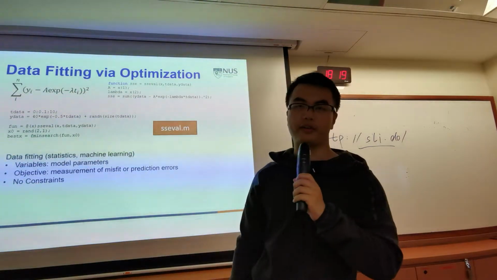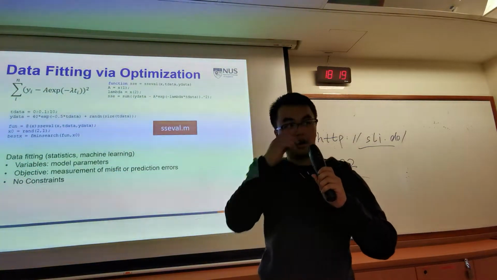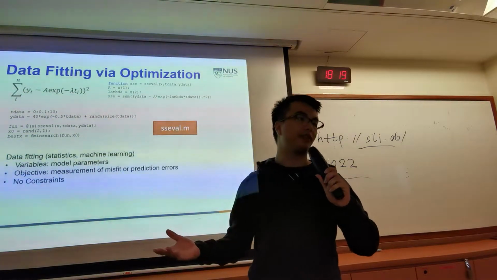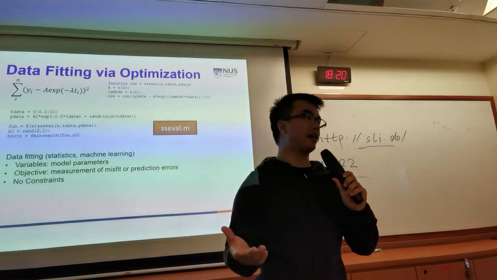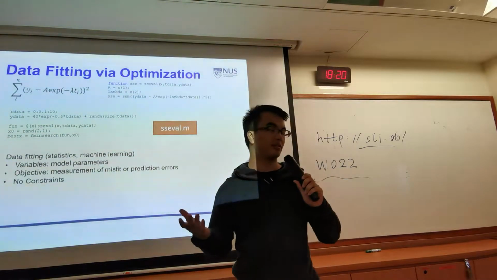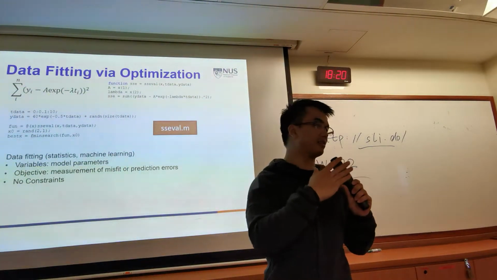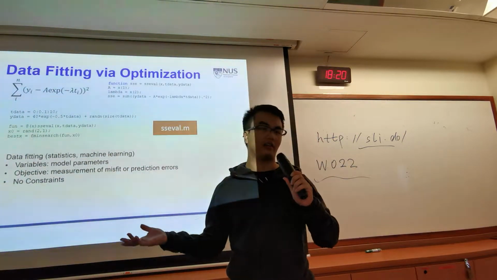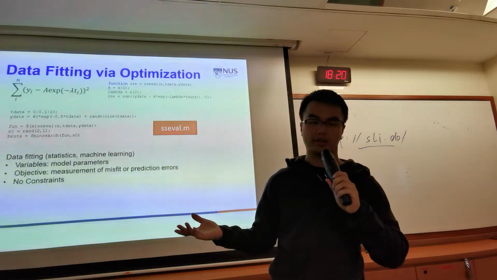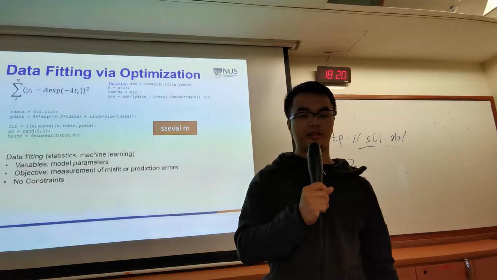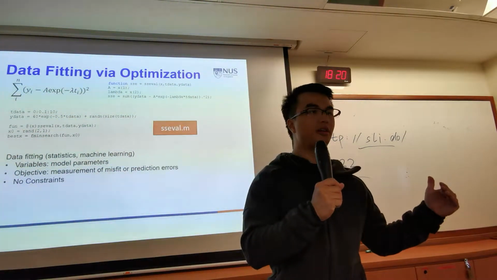And this is an example of how to use optimization for data fitting. Actually, all data fitting problems are done by some optimization approach, because you are trying to find the hypothesis, which is a function itself, by giving it the data, the training examples. You have different training examples, and then you have a loss function.